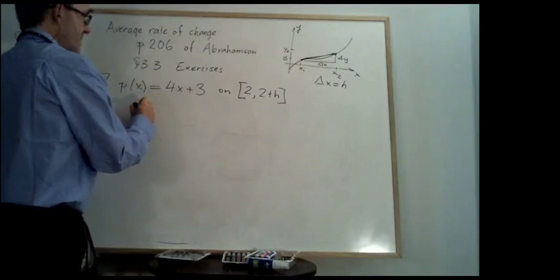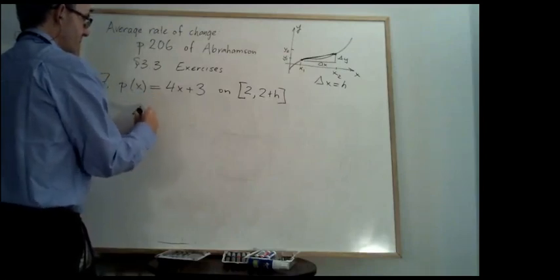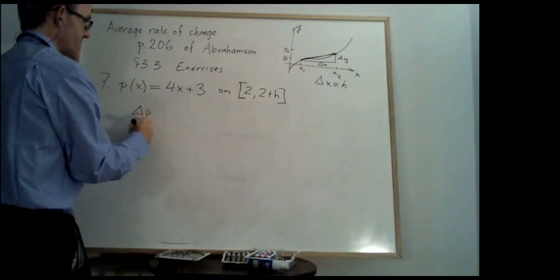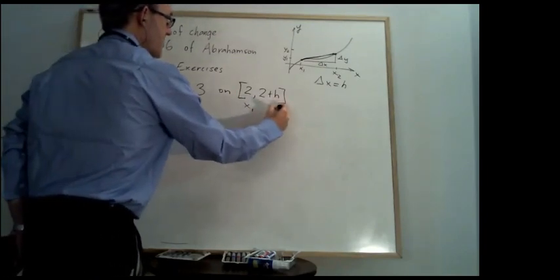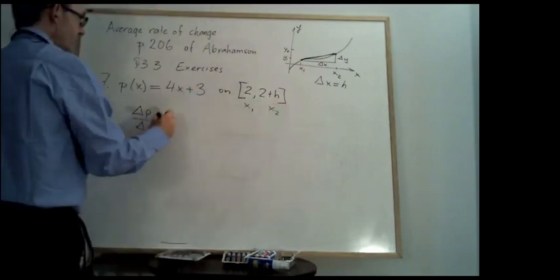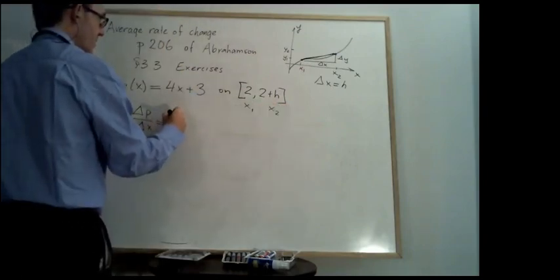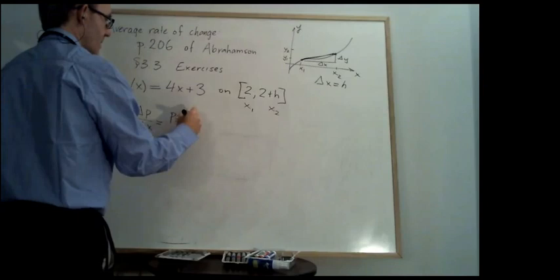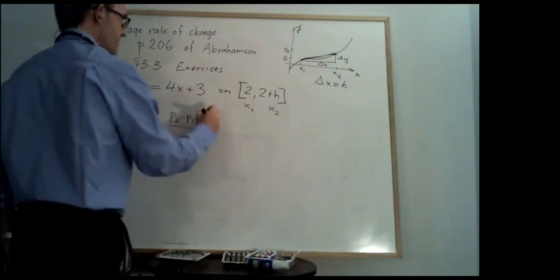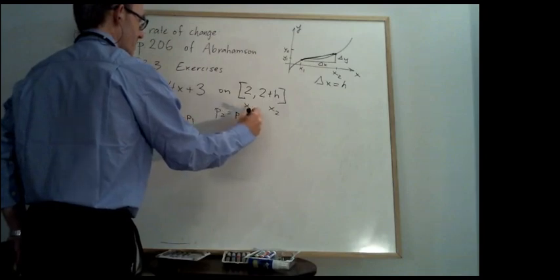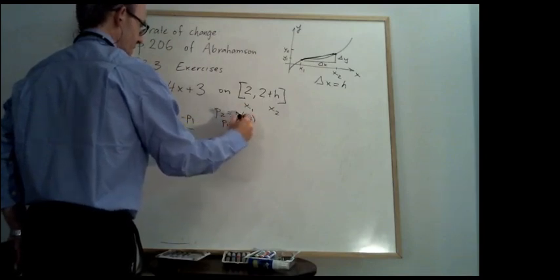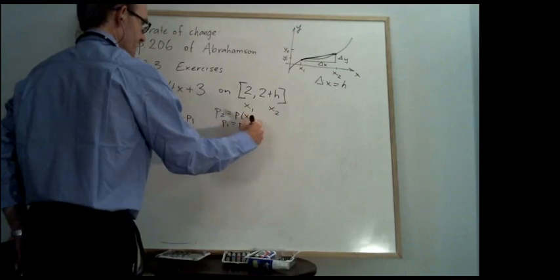So you take delta p over delta x. It's the same idea as before. This is x1, this is x2, and then p2 is p of x2, and p1 is p of x1.